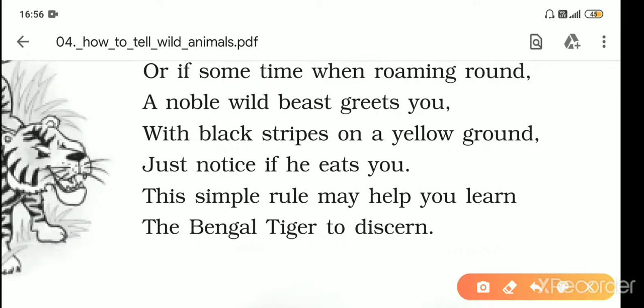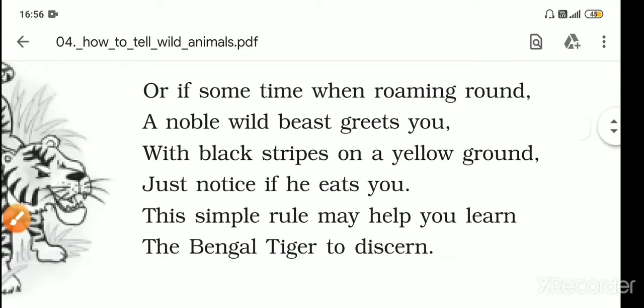This time also she has used humor to explain how a tiger looks, because once a person has been eaten up by a wild animal, there is no use in determining which wild animal it is. So, this is what is humor.